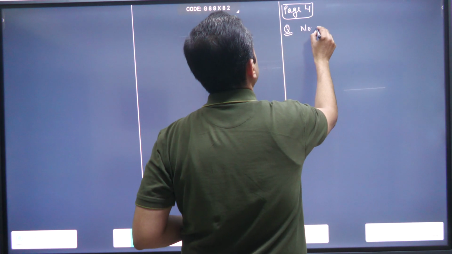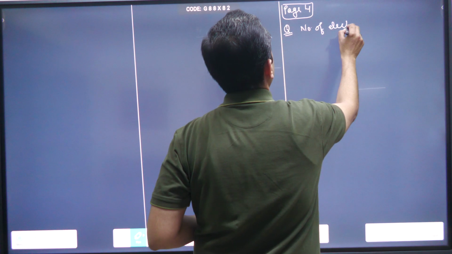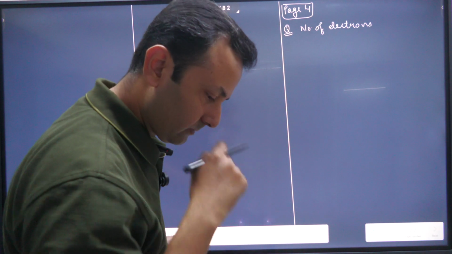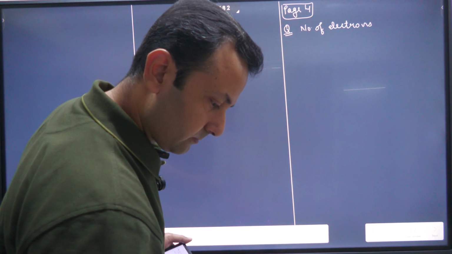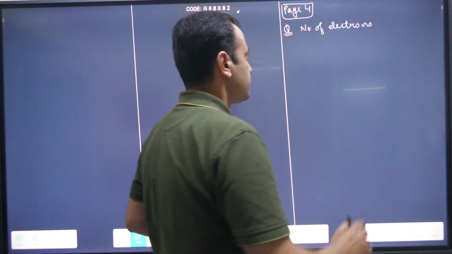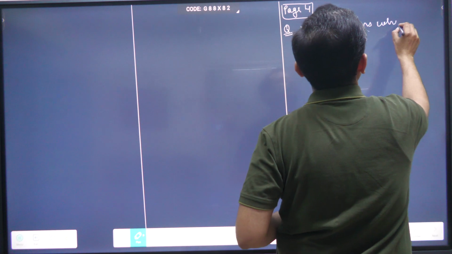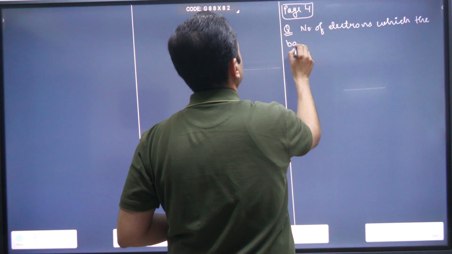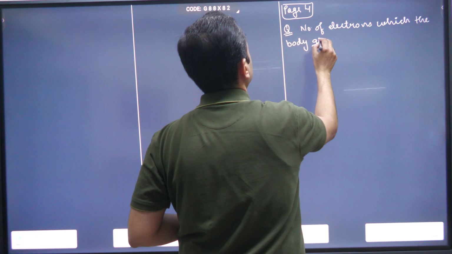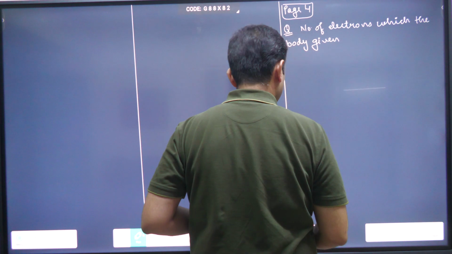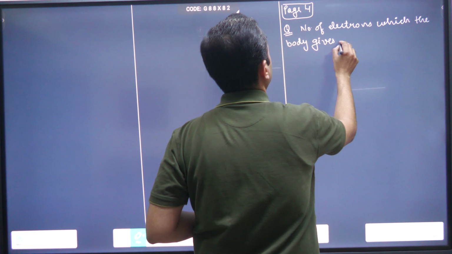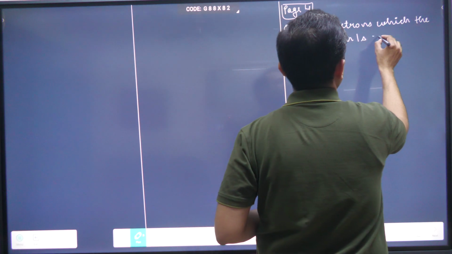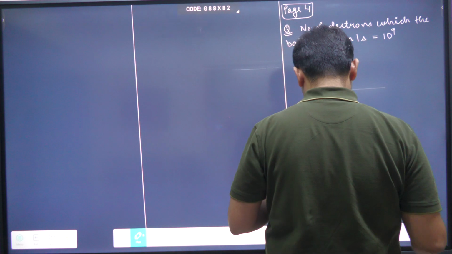So the number of electrons which the body gives in 1 second is 10 to the power 9.